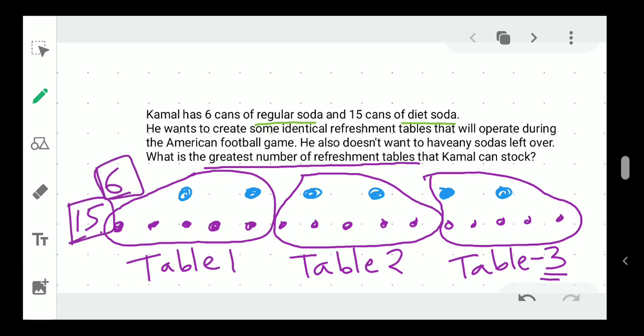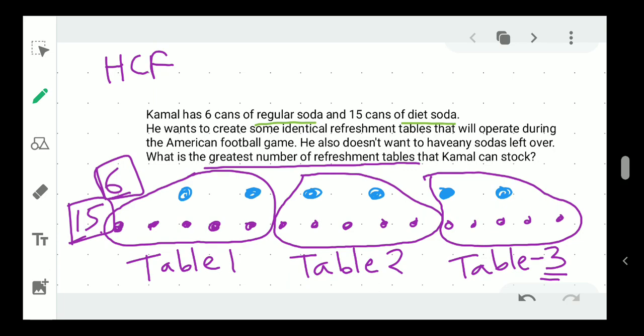That's why, because I have gotten the common factors, I know that I can make the group of this number of soda cans. So if I take the highest common factor of 6 and 15, then obviously I can find out the answer, and the answer should come 3 tables.